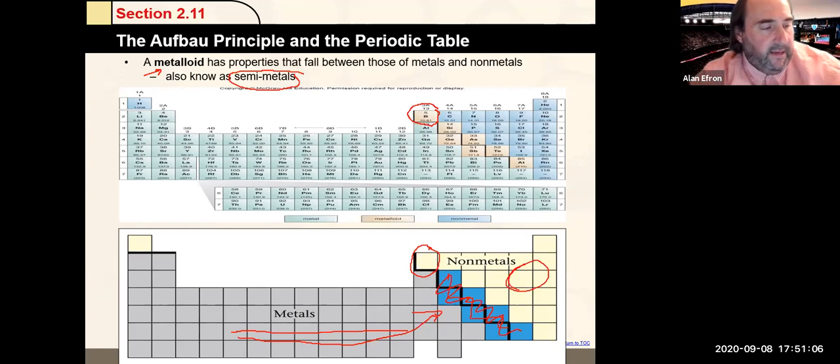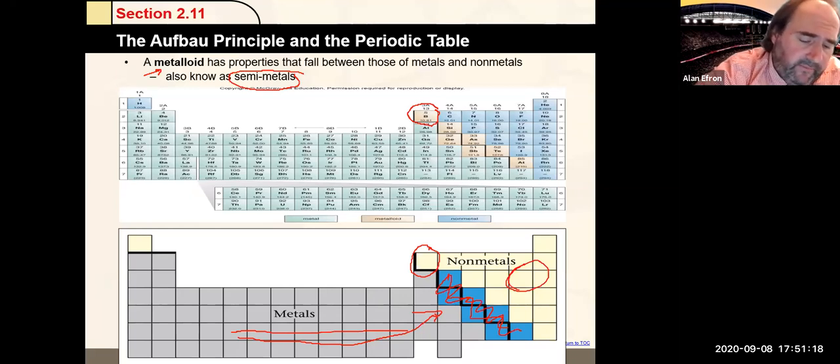The same element has some properties that would definitely be classified as metal properties, while that same element will also have some properties very similar to non-metals. A lot of semiconductors, for example, are in that region. So we have that transition that occurs going from metals to non-metals, upper right of the periodic table.